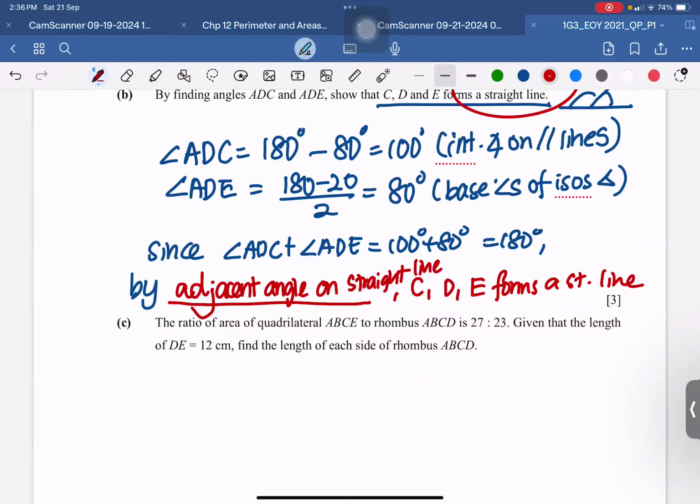Area of quadrilateral ABCE to rhombus. Okay, how do you find area of rhombus? Do you know? Area of rhombus is actually area of parallelogram. Area of parallelogram is given by base times perpendicular height.